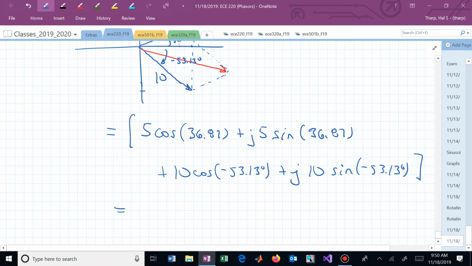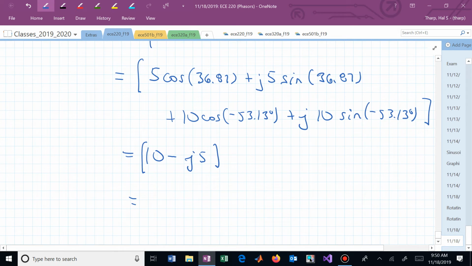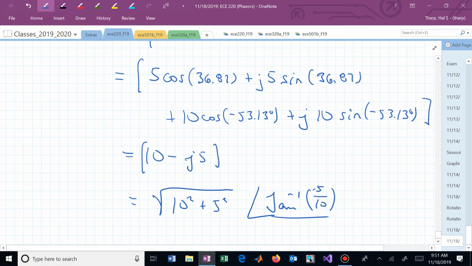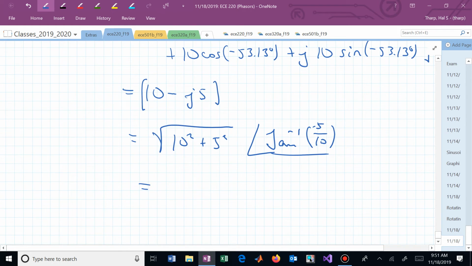You do all of that trigonometry and you end up with 10 minus j5. You can convert that to its polar form, which ends up being the square root of 10 squared plus 5 squared at an angle of minus 5 over 10. Or this is 11.18 at an angle of minus 26.57 degrees.